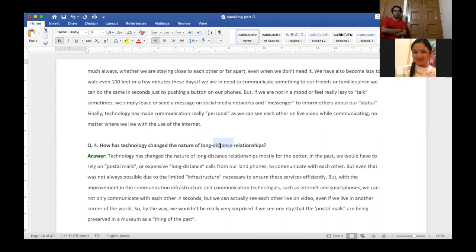We sent mail through postal services, and it took a long time to receive the letter.